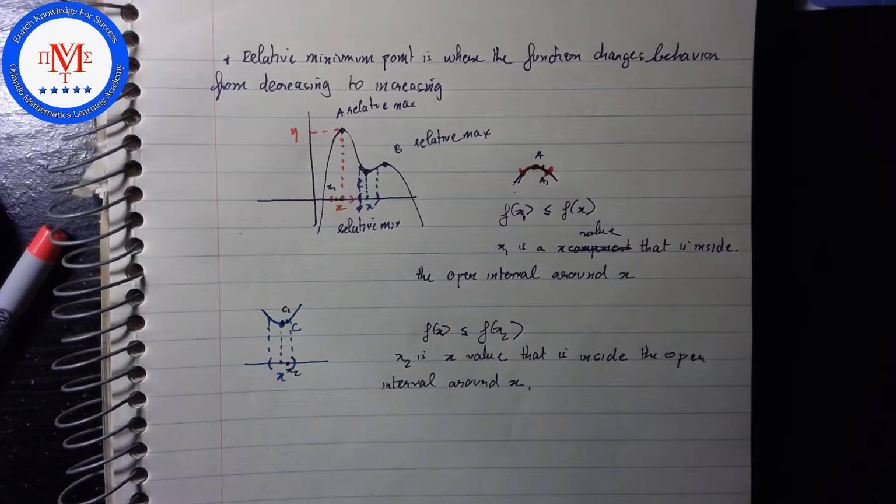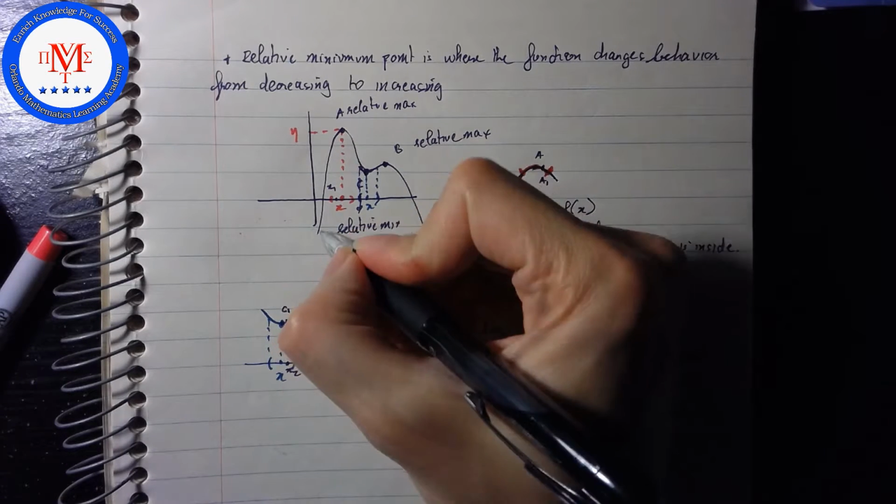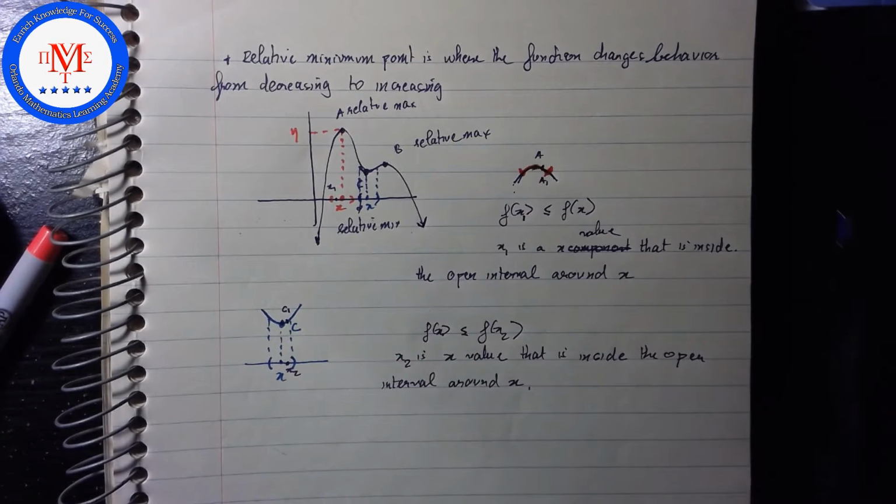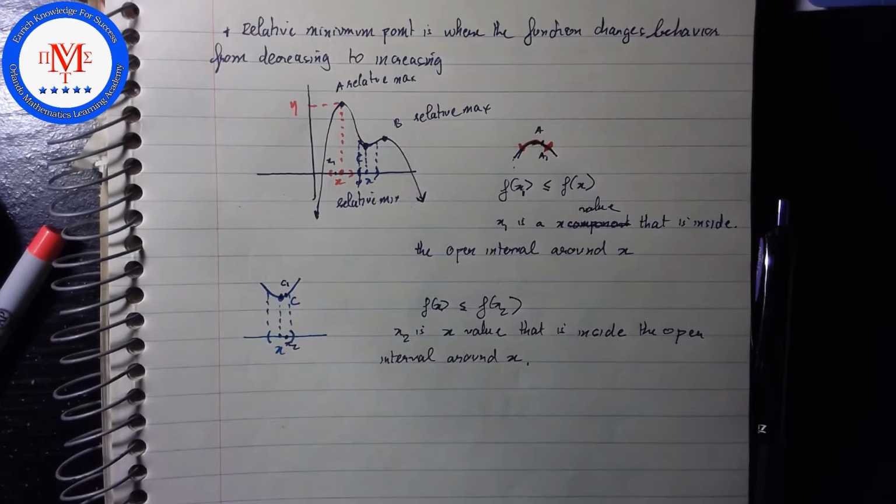However, we don't have an absolute minimum because the function keeps going down. So in general, when you investigate a graph, a point could be a relative max and an absolute max at the same time.